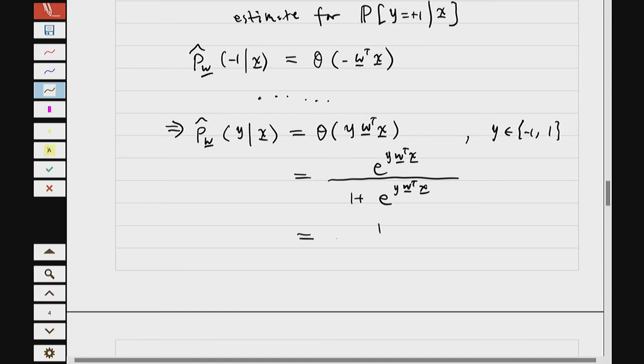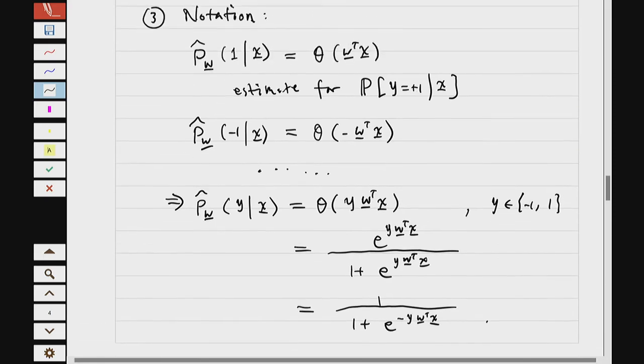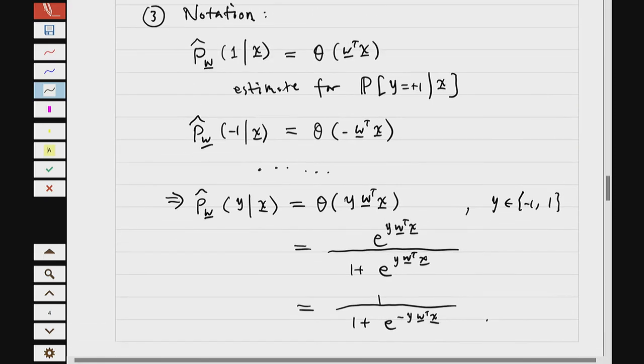So this is 1 over 1 plus e^(minus y w transpose x), like that. So this is just a redefinition of some notations, that's all. Nothing new here. We're just relabeling things, and it turns out that we have this very clean-looking form for our prediction of the probability.